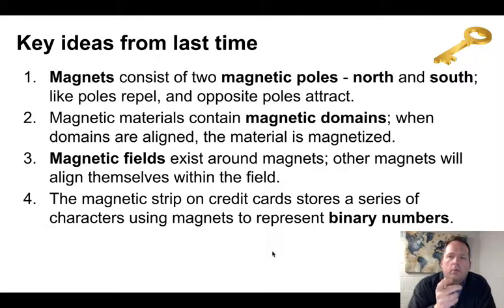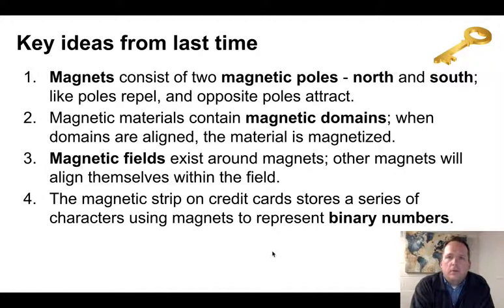Like magnetic poles repel and opposite magnetic poles attract. We talked about the model for magnetism in that all materials contain magnetic domains, small regions that act like little mini magnets, and when all those domains are aligned with each other, the object acts like a more traditional magnet, a strong magnet.